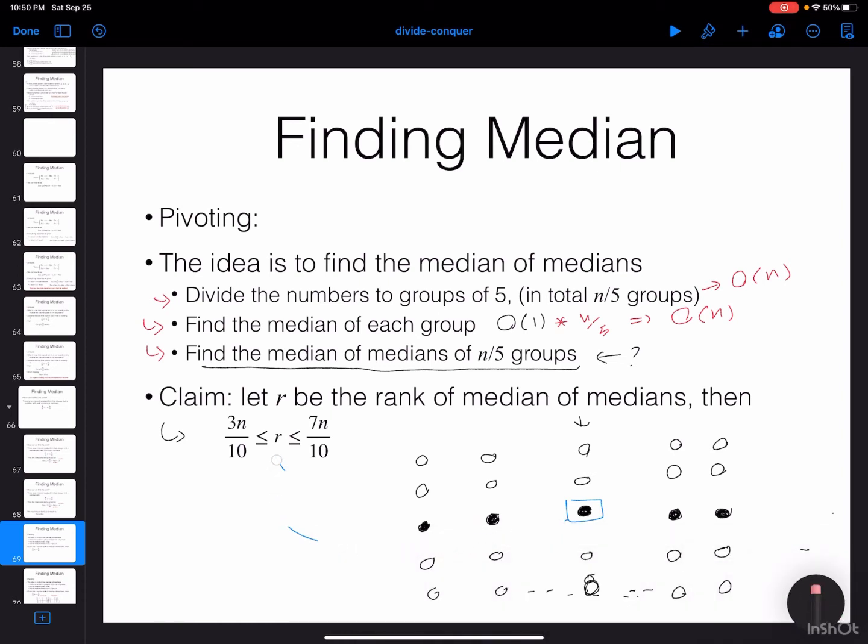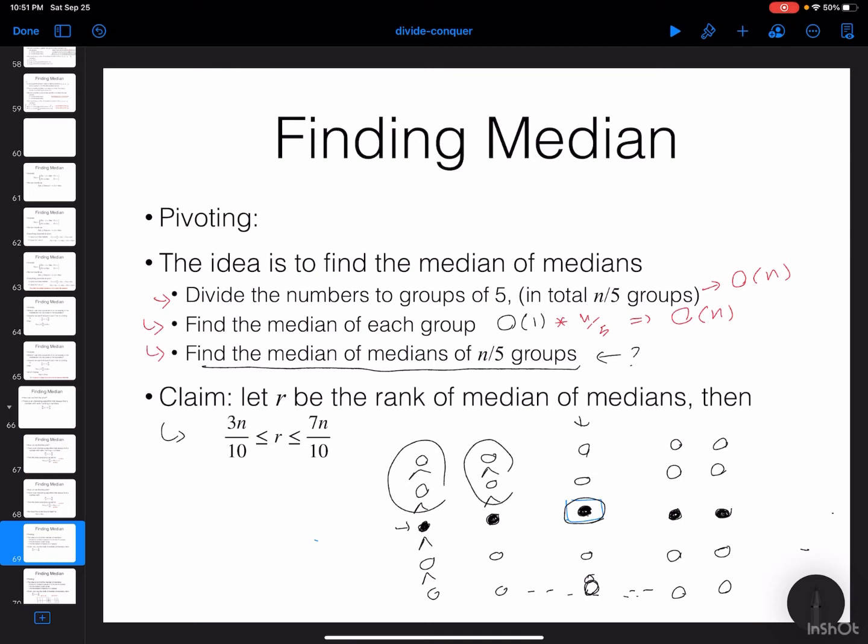If this is the median of the medians, I can actually say something about these groups. I haven't actually sorted these items, but for example, these two that I have here are going to be smaller than this median, right?